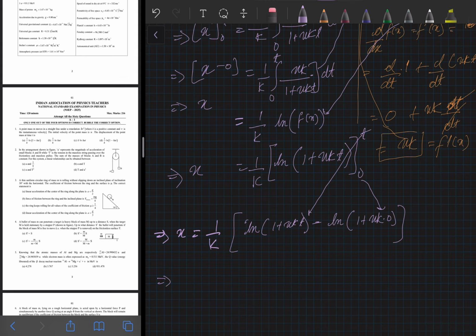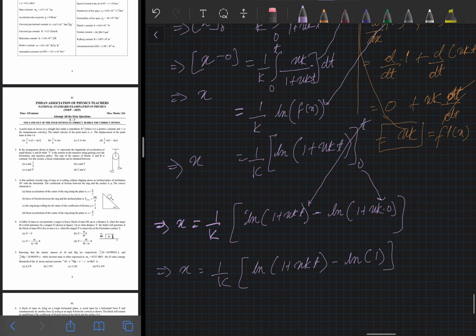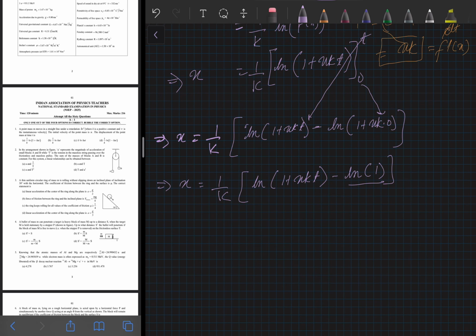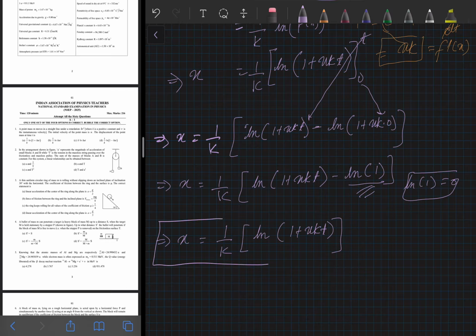So this becomes natural log of 1 plus ukt minus natural log of 1. Now what is natural log of 1? Natural log of 1 is equal to 0, so this term essentially becomes 0. So what we are left with is 1 by k times natural log of 1 plus ukt. So this is the expression for displacement at time t.